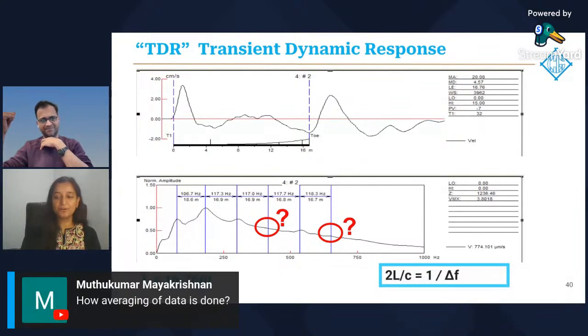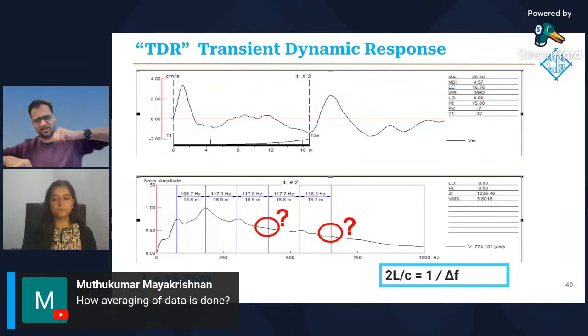Next question is from Muthu Kumar. How is averaging of data done? Very simple, Muthu Kumar, the software does it for you. When I'm collecting data on site in the PIT collector, there is an option for how many data points I want to average. I usually like to use 6 or 10 blows minimum per pile.